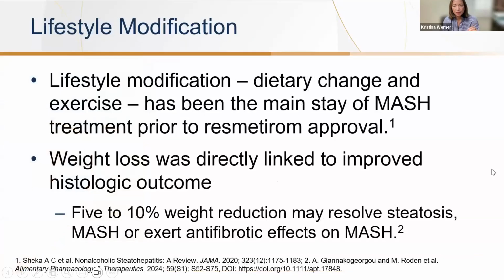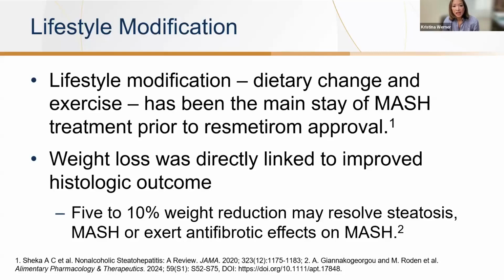So as we said, the foundation of the management is really lifestyle modification. Lifestyle modification includes dietary change and exercise, which has been the mainstay, of course, before the resmetirom approval. Weight loss was directly linked to improved histologic outcome, and we know that 5 to 10% weight reduction may resolve steatosis and MASH, or exert an antifibrotic effect on MASH.